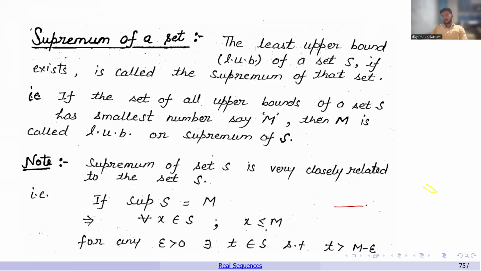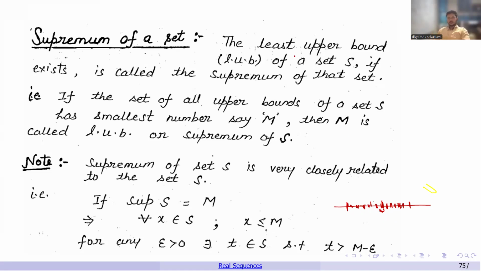If you have a line, here is some element and here is some element. Infinitely many elements are present in this interval, and here also. Here is some point which is the least, which may be called the supremum or the infimum.